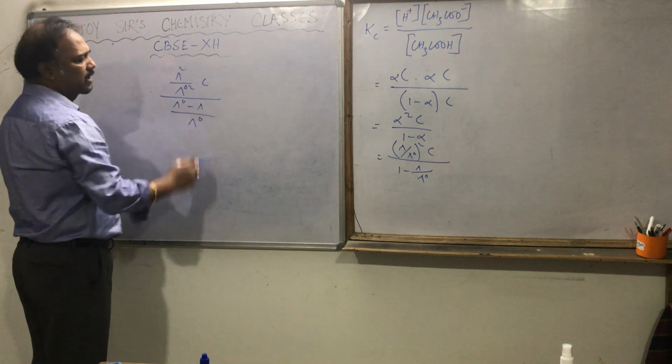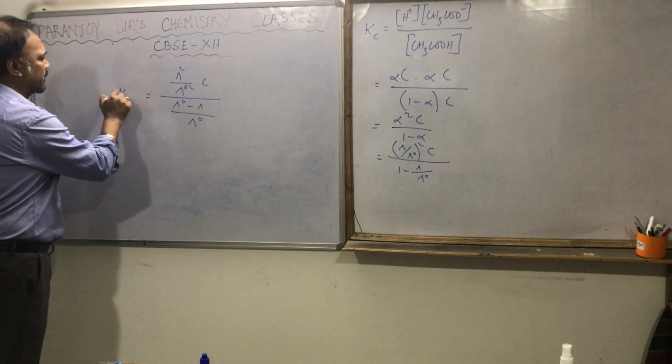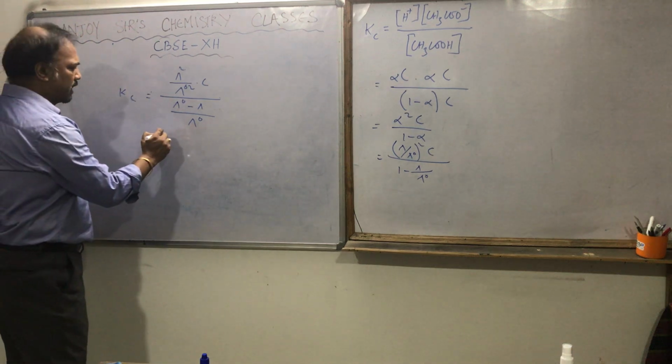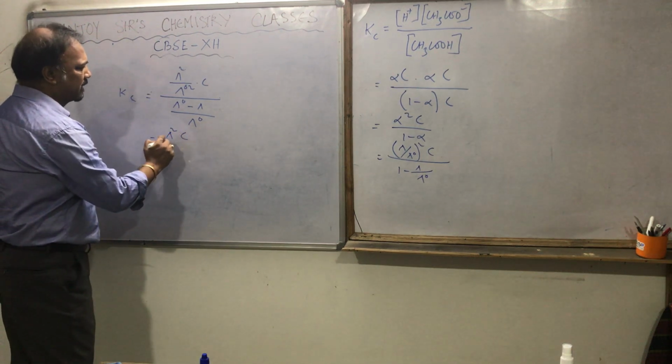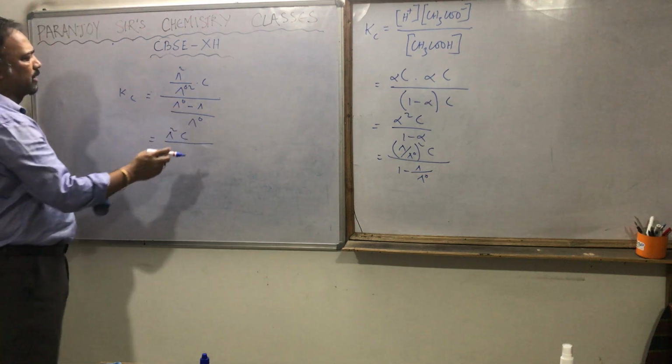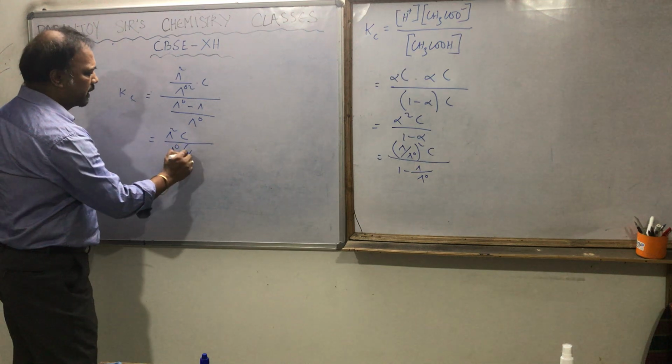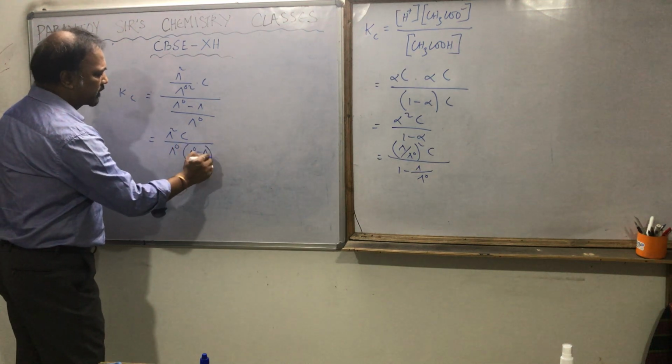Lambda naught minus lambda, that is equal to Kc. If we further simplify it, it will be lambda square C divided by, one of the lambda naught will be cancelled out, so one lambda naught will remain into lambda naught minus lambda.